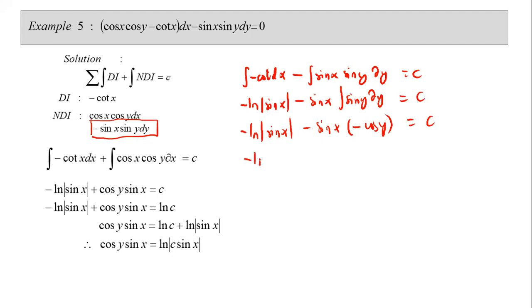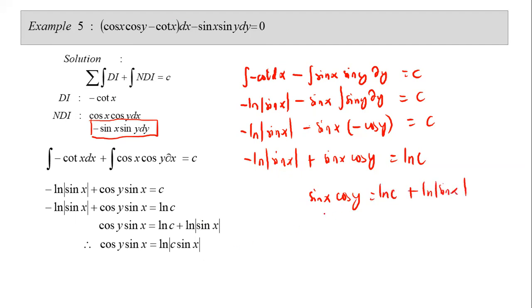Then you now have ln of sine x, then minus minus, you have plus sine x cosine of y, all right? Then I will let this c be ln of c so that I can combine these two. So you have sine x cosine of y equals ln c plus ln of sine x.